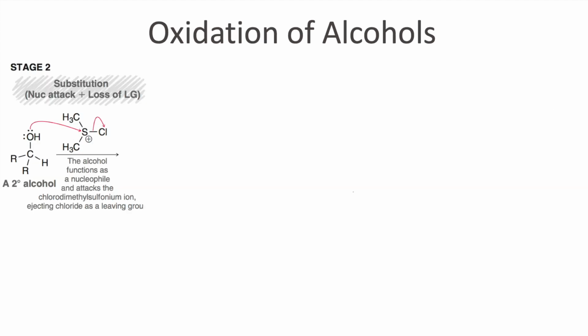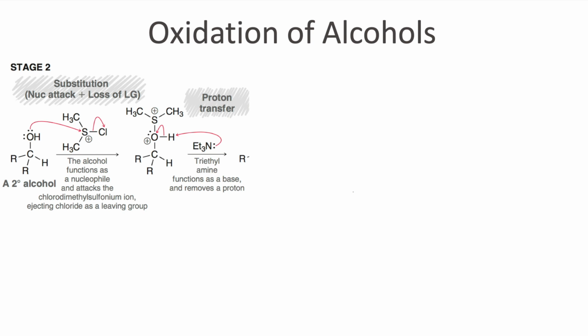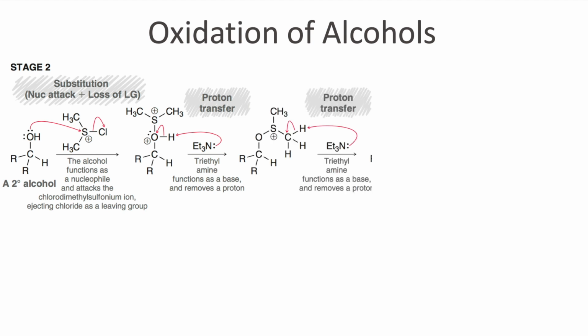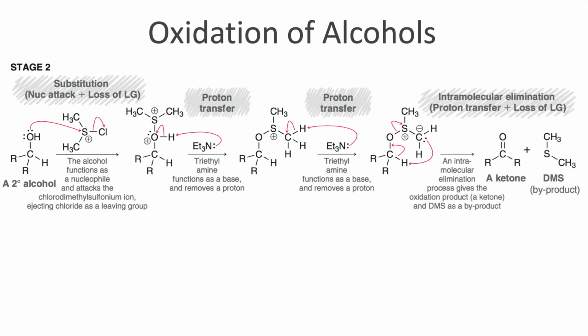So your alcohol will do a nucleophilic attack on the sulfur of that ion, followed by a proton transfer from a base, triethylamine. Now, the triethylamine again does a proton transfer, this time from the hydrogen on the carbon of the sulfonium ion, resulting in this carbanion.